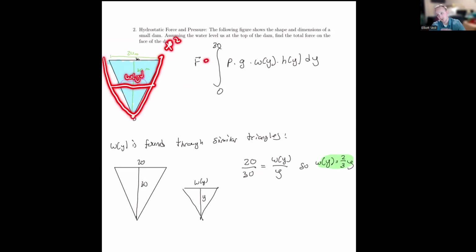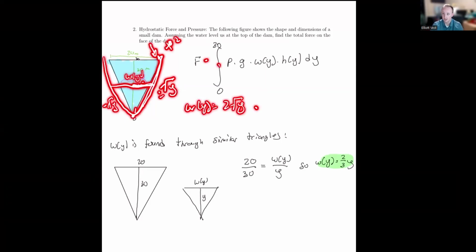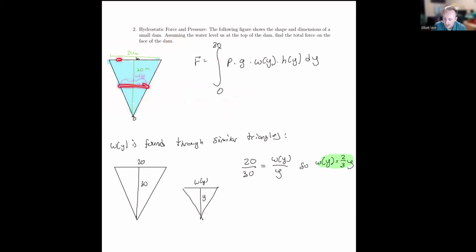That means if you're looking sideways, this parabola will look like a square root of y on this side and a negative square root of y on this side. So the width is going to be double whatever square root of y is at this depth. So width of y in this case would be 2 square root of y. If you have the function of your sides here, you can figure out what the width is by doing some algebraic manipulations. But here we were able to figure it out with similar triangles, which is the way this problem wanted us to do it.